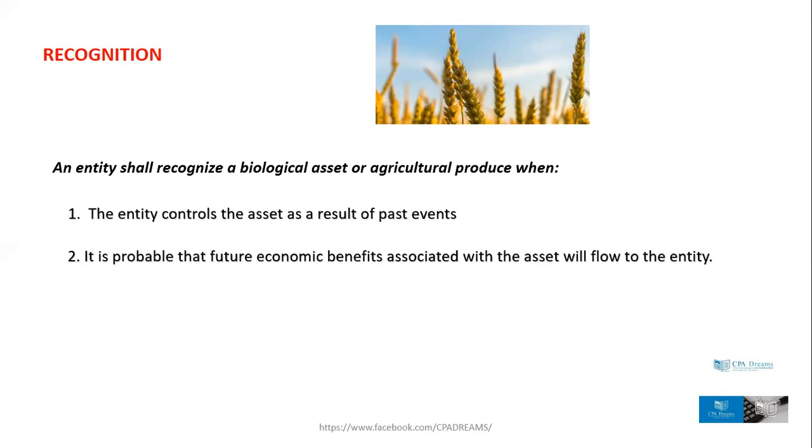For example, you can sell its produce, its final product. Then the fair value or cost of the asset can be measured reliably. Especially if the asset is on the market, where you can really sell it, then it can be measured reliably.